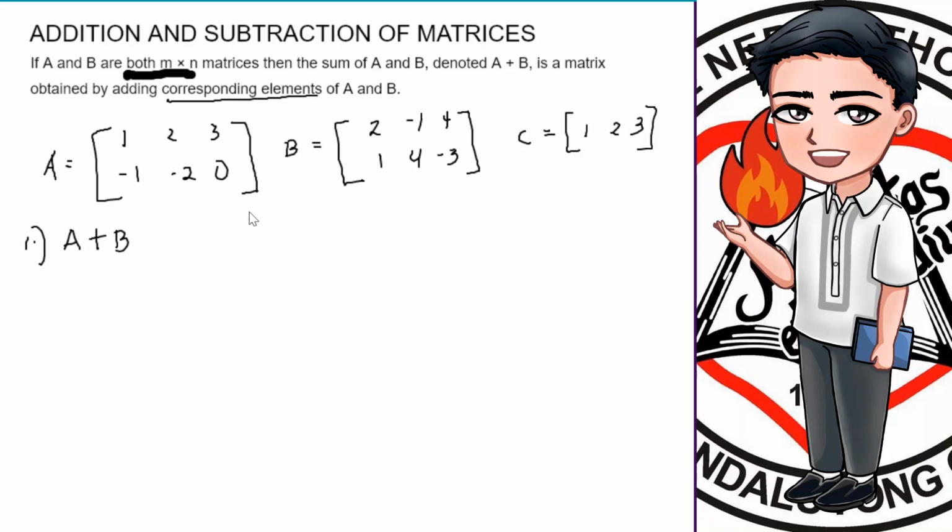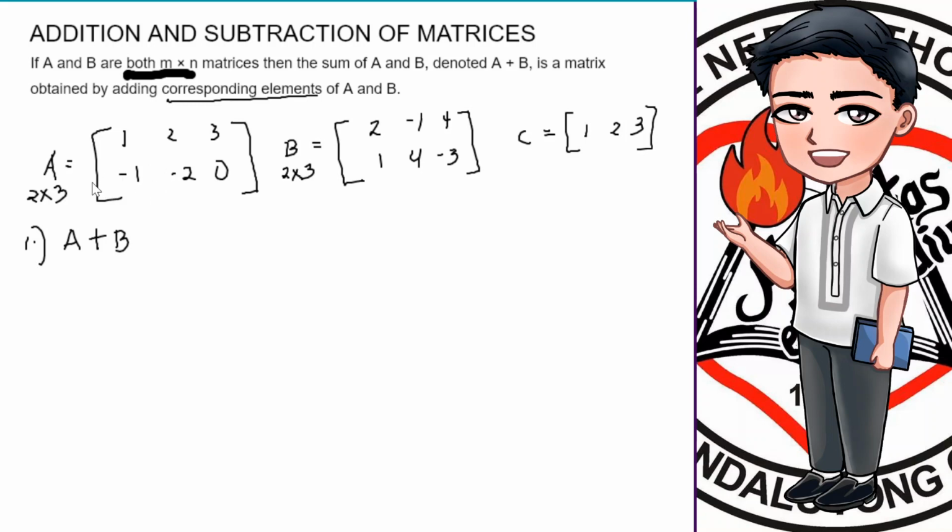Again, you need to remember the two things that I told you a while ago: they should be the same size and you can only add the corresponding elements. Upon checking, the size of matrix A is 2 by 3 and the size of matrix B is 2 by 3.